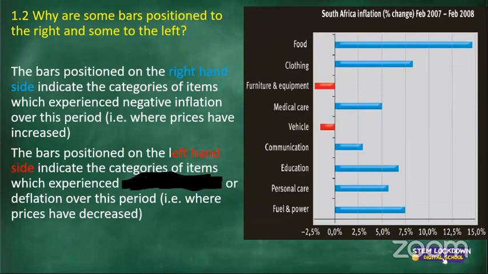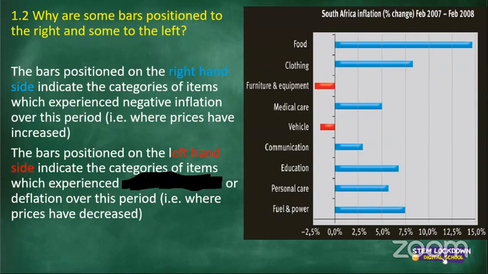Yes, that's fixed. The bars positioned on the right indicate categories of items which have experienced negative inflation. Negative inflation means, because inflation is an increase in prices, right? So negative inflation means the prices have increased.